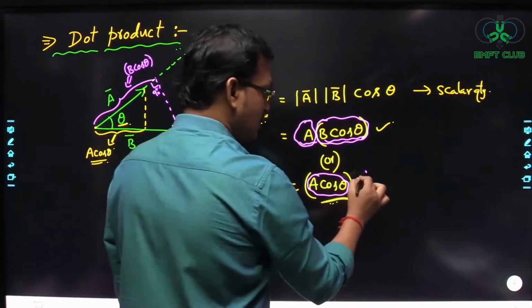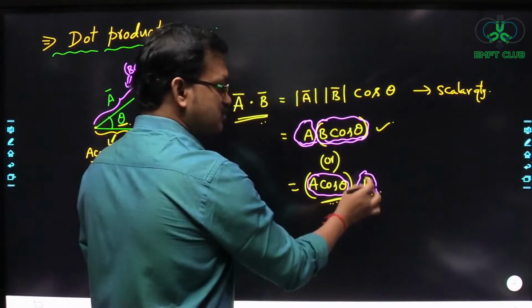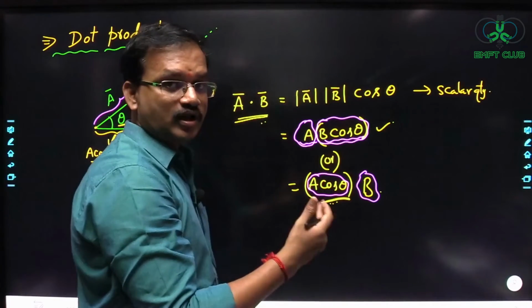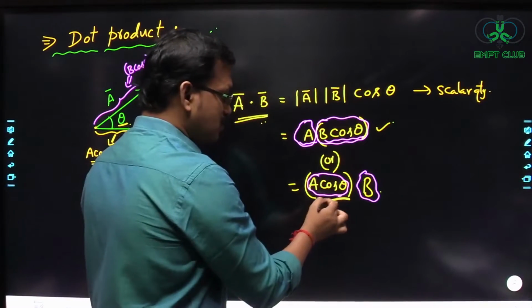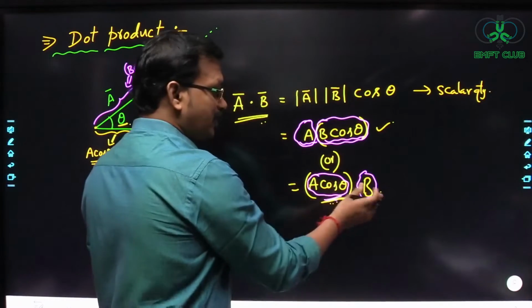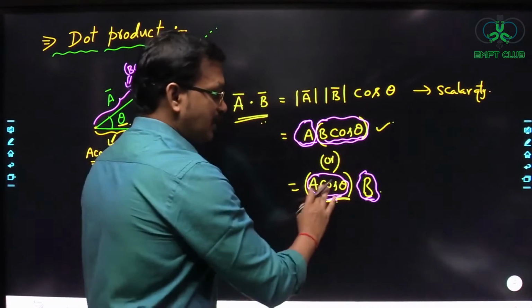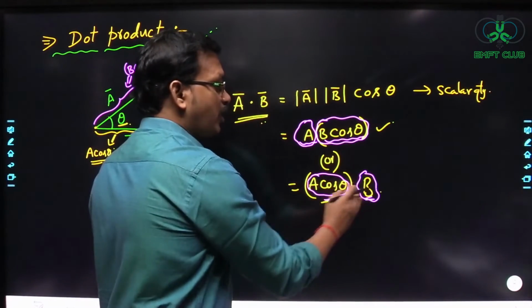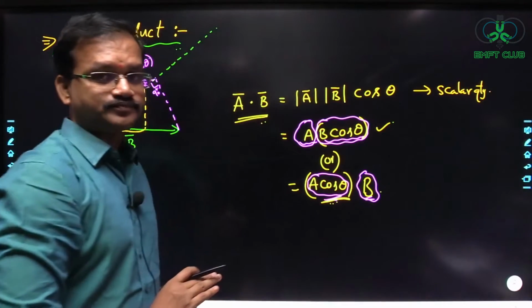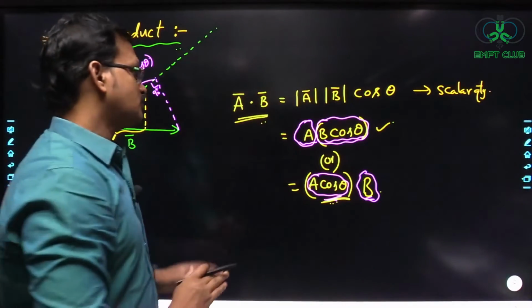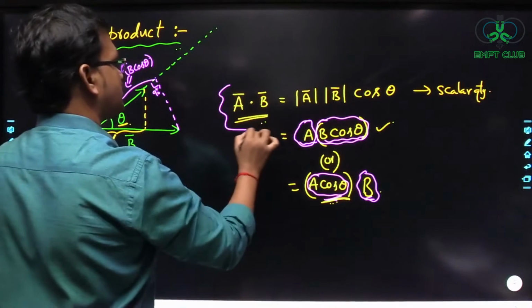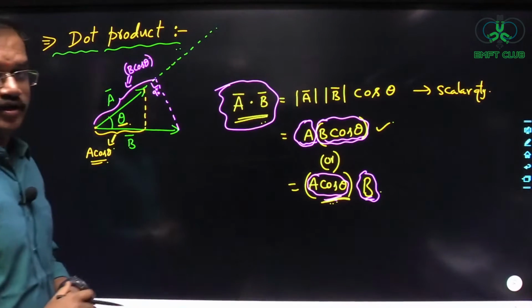And here b is the magnitude of b bar and this b is also pointing along b bar only. So a cos theta and b both are pointing in the same direction. So you are multiplying the two quantities that are pointing in the same direction. Understood? Okay. So that is the physical interpretation of this dot product here.